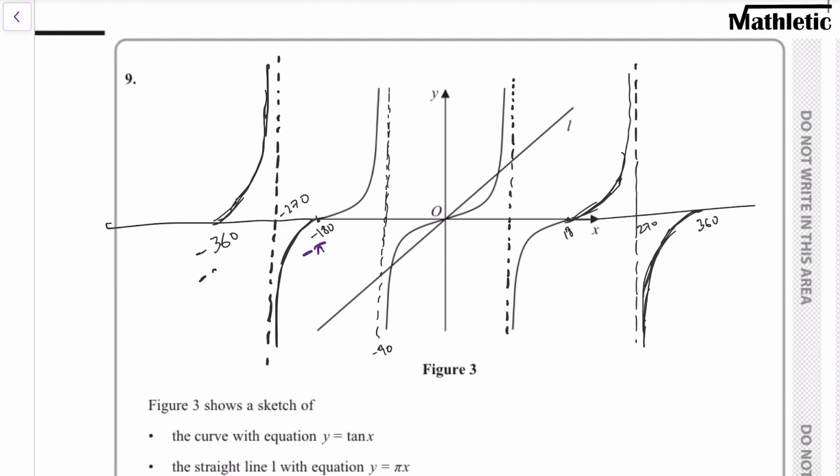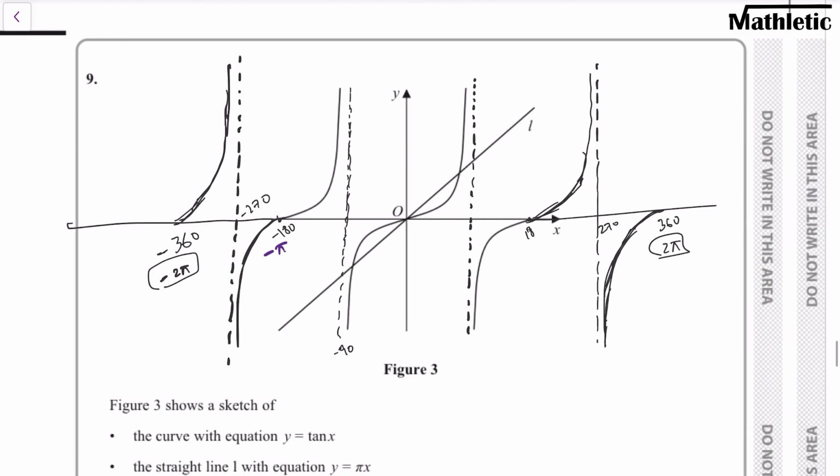So this is actually minus 2 pi and that's plus 2 pi. So I have the sketch of tan x within a range of minus 2 pi to plus 2 pi. Now I just need to find the intersecting points of this curve with the line.